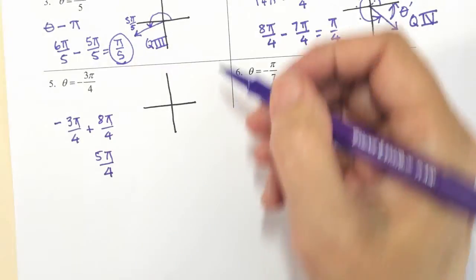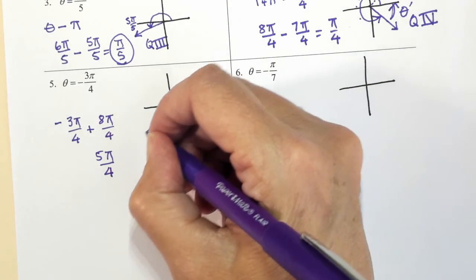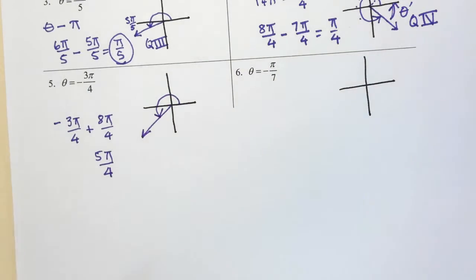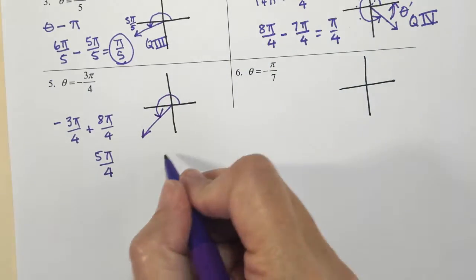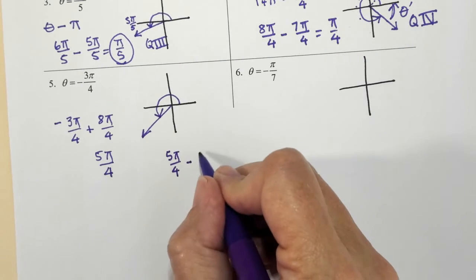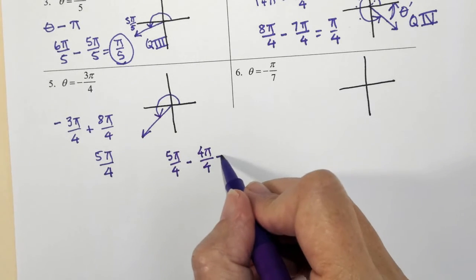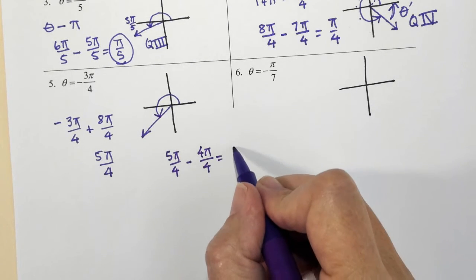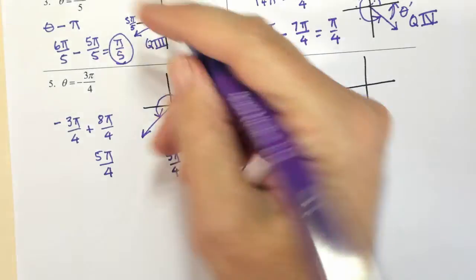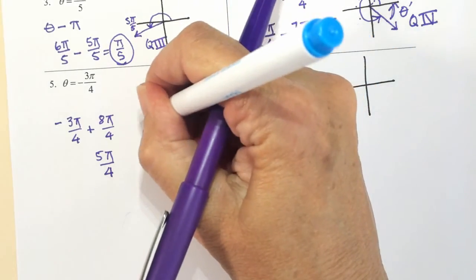So 5 pi over 4 falls about here, which is in the 3rd quadrant. So what I'm going to do is take my theta, subtract pi. I'm using 4 pi over 4 because that's the equivalent of pi, and then I get pi over 4 for my reference angle. So my reference angle is right here.